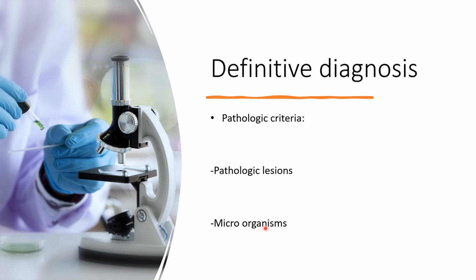Or another way under pathological criteria is that you have demonstrated by culture through histology that the vegetation and or intracardiac abscess is harboring the microorganisms responsible for infective endocarditis.